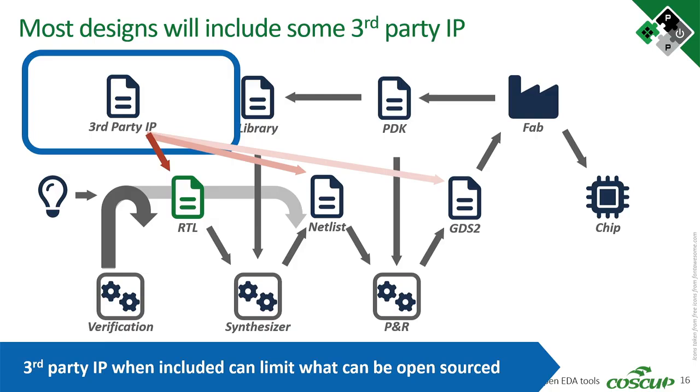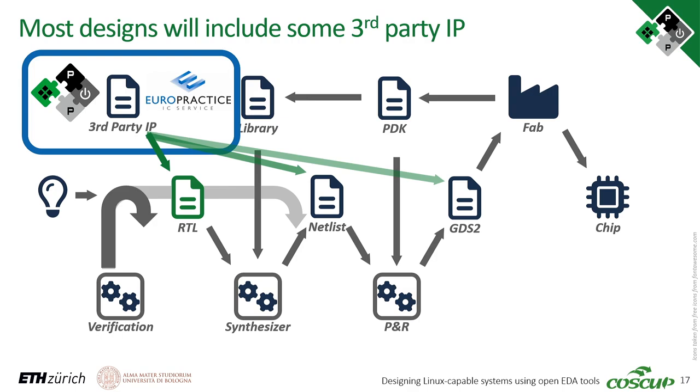So you actually need to find third-party IPs with a permissive license. And that's exactly what you can use our systems for, and also Europractice is trying to build a European system to actually collect these open source IPs, and obviously there are other people involved there, like, for example, the Open Hardware Group.